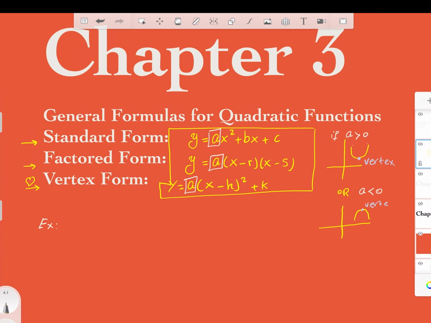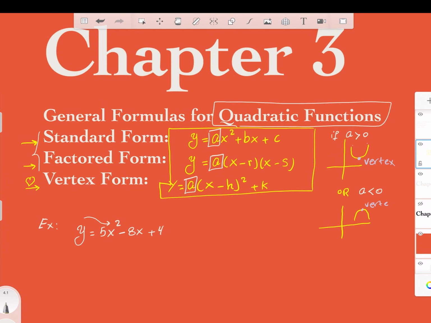Example, y equals 5x squared minus 8x plus 4. Looking at this equation, you see the degree, or exponent, is 2. That means we are dealing with a quadratic function.